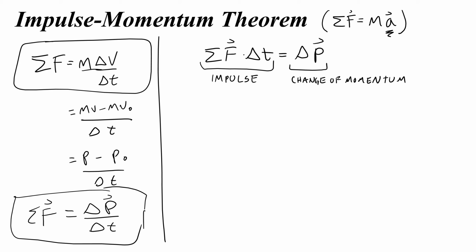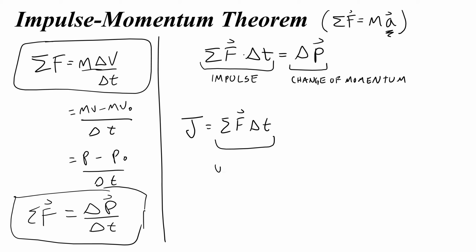Now, often you will see impulse, it gets even weirder, written as J. And you can say that impulse is equal to J if you would like. It's also okay for you to just do force times time. And you should note that the units of this are going to look a little bit different.